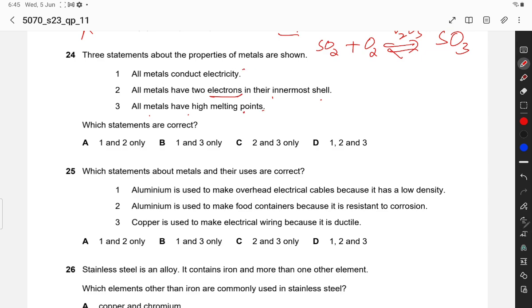So all metals are good conductors of electricity. All metals have two electrons in their innermost shell. Yes, it is correct. All metals have a high melting point. No, not all metals. Group 1 metals have a low melting point. So that's why 1 and 2 are correct. So A option is the correct option.